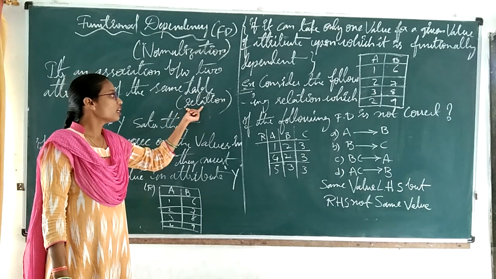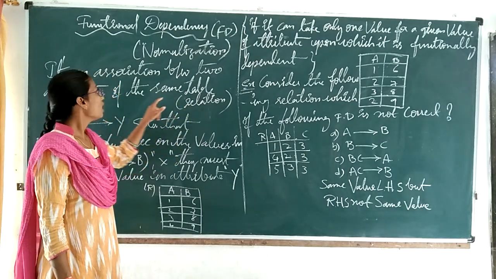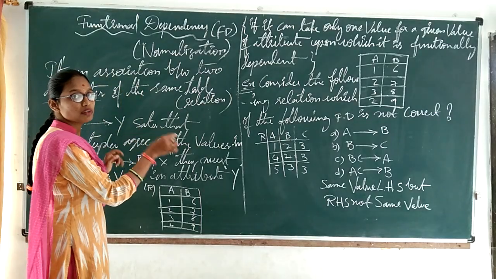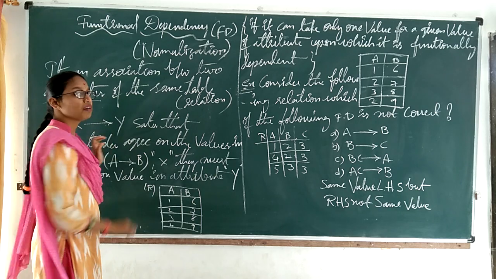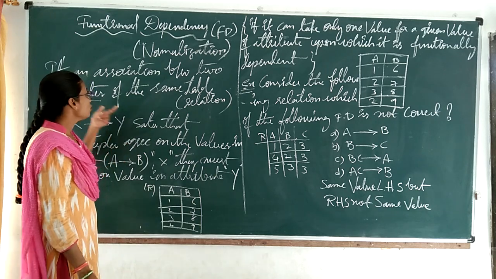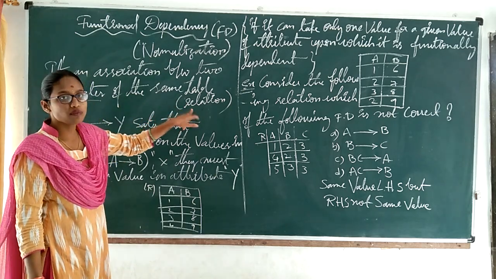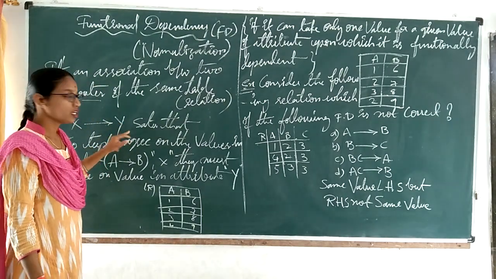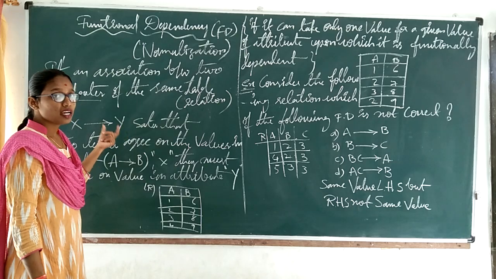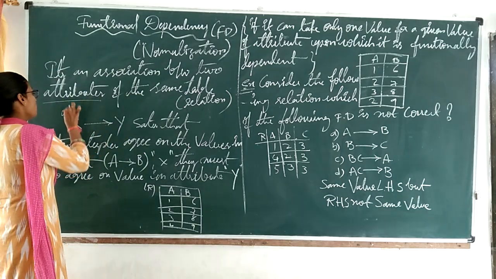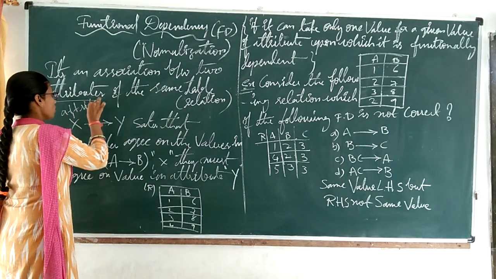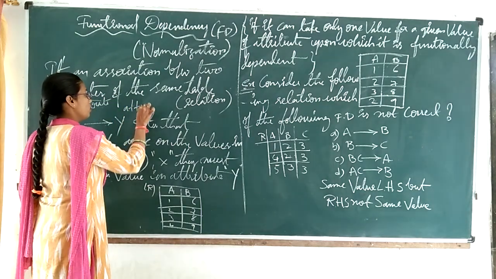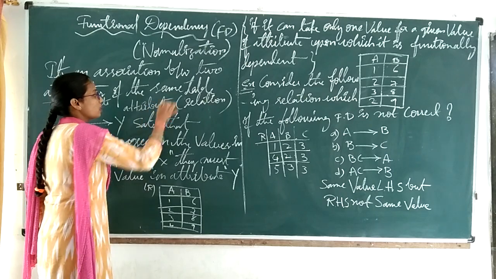In the subject, the table is formally called a relation, and a functional dependency is an association between two attributes of the same table, the same relation. X determines Y. Here X is one attribute and Y is one more attribute.